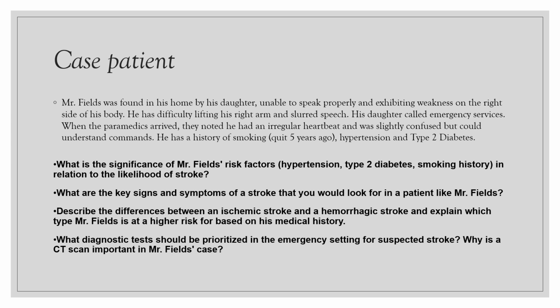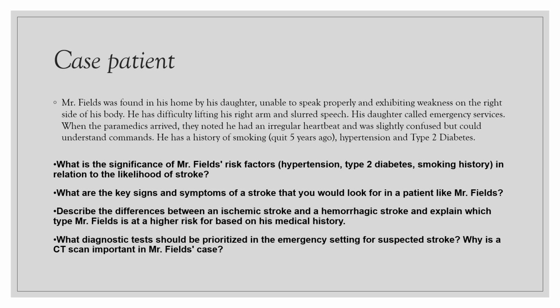So he probably has some arteriosclerosis as well. He has hypertension, which could be because of plaque that's building up in the arteries, which is going to narrow those arteries, and he has diabetes, which also affects the arteries. So in Mr. Field's case, he is at a higher risk for having an ischemic stroke.